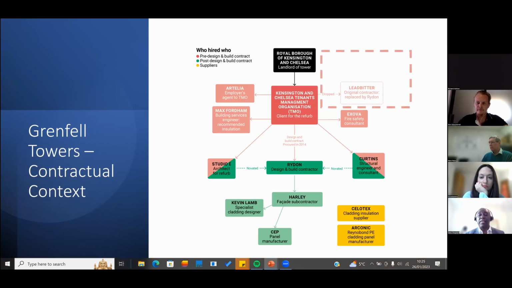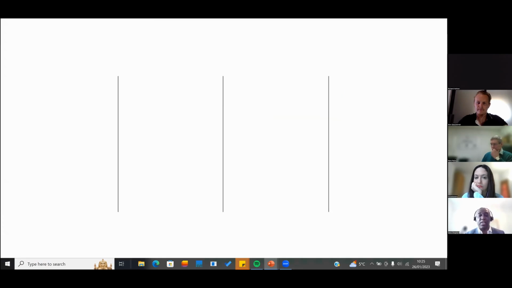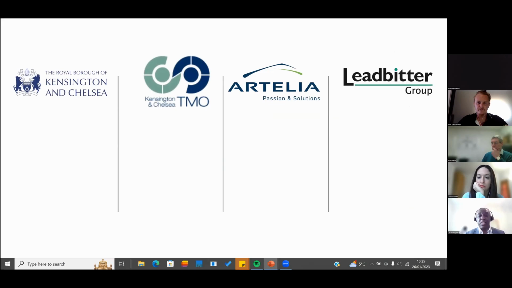And what you can see there is that when in this contractual arrangement, Leadbitter was dropped because of the costs and so on, there was a lack of clarity as to who was taking up responsibility for the ultimate responsibility for the design of the facades. What we did know is that essentially these four parties started to have conversations about the costs.